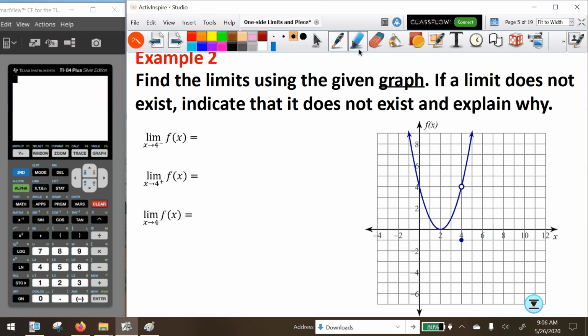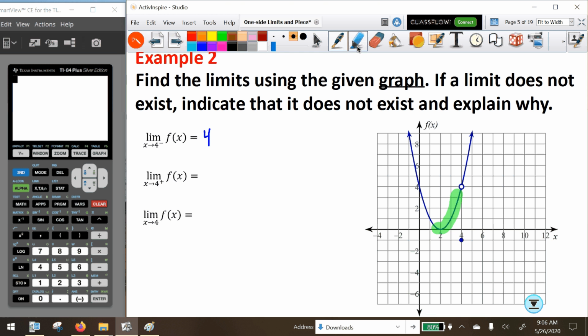As we get closer and closer to +4 from the left of +4, the y value is getting closer and closer to +4 if you trace this back to the y-axis. So the left-hand limit as x approaches +4 is equal to +4.